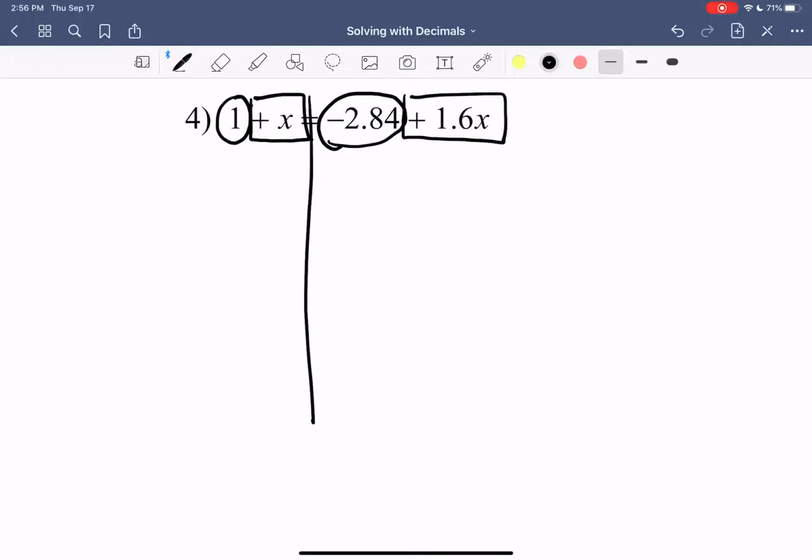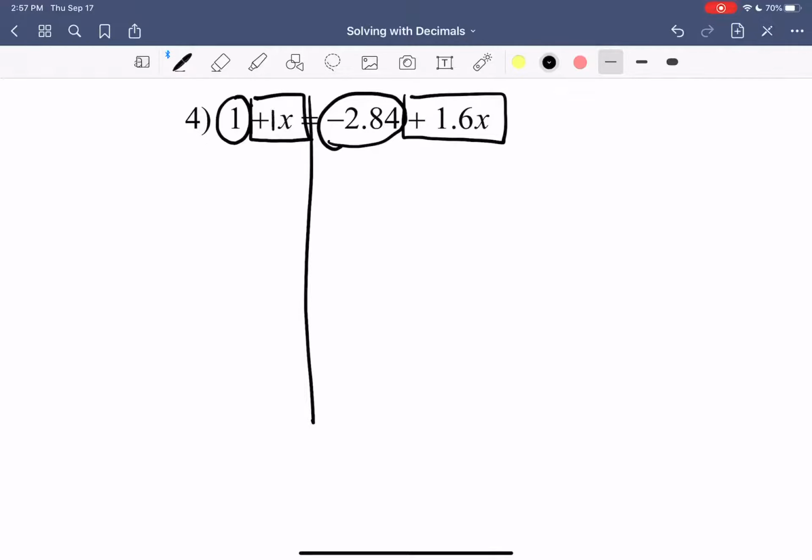So our first question is to ask if we have like terms on the left, which we do not, or like terms on the right, we do not. So we get to go down to our second question, which is to identify if we have variables on both sides. So right here, we have a variable on the left, we have an x, and then we have a 1.6x. So since we have variables on both sides, we're going to find our least coefficient and move it to the other side.